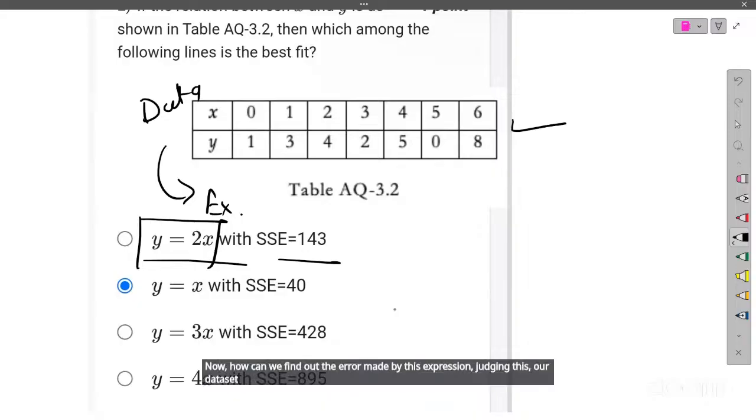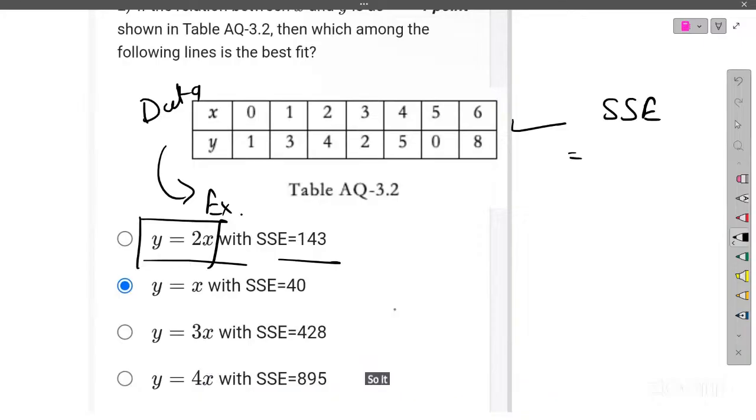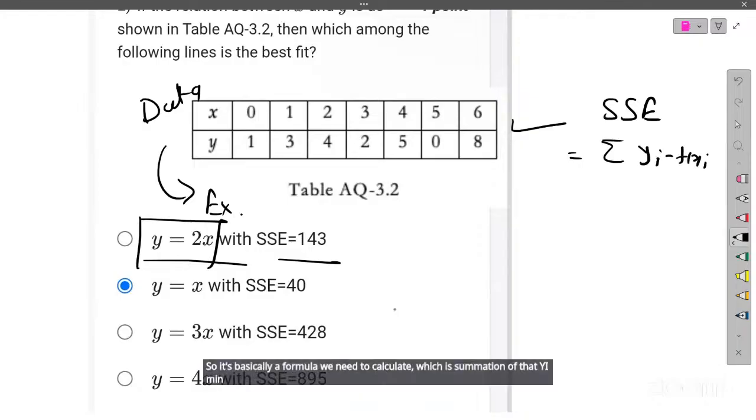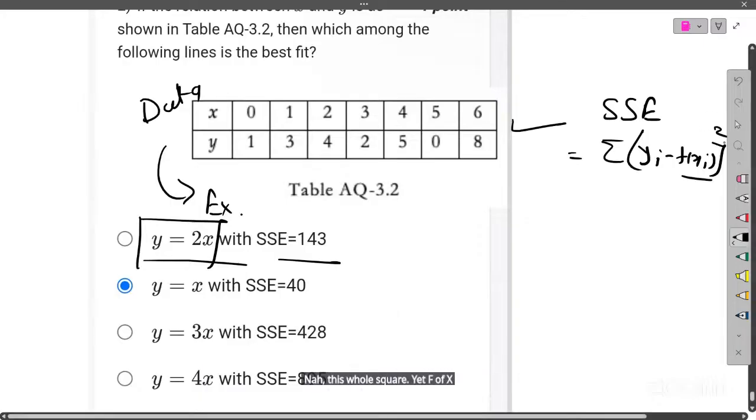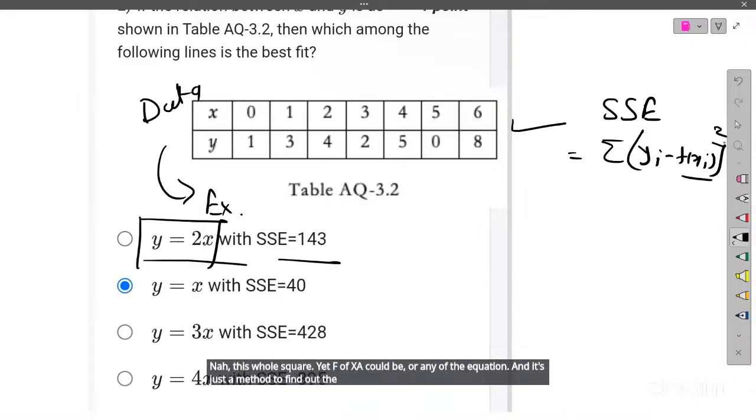For that, we have one method known as SSE, sum of squared errors. It's basically a formula we need to calculate, which is the summation of (yi minus f of xi) whole square. Here f of xi could be any equation, and it's just a method to find the error between the data set and whatever expression you have.